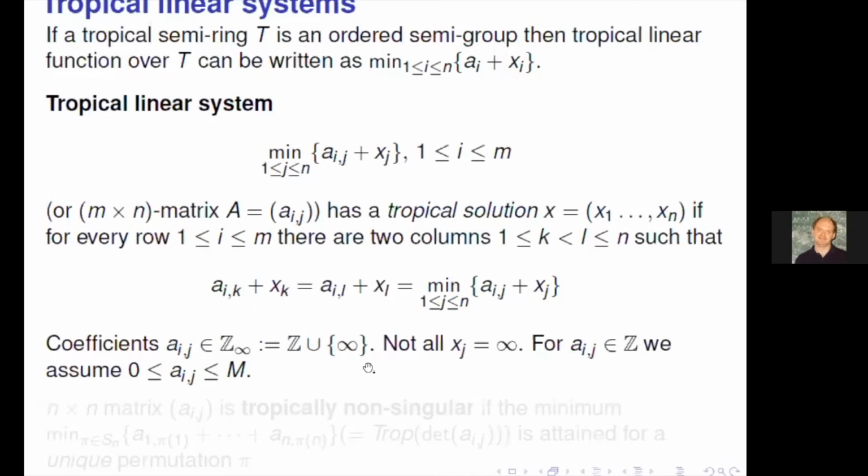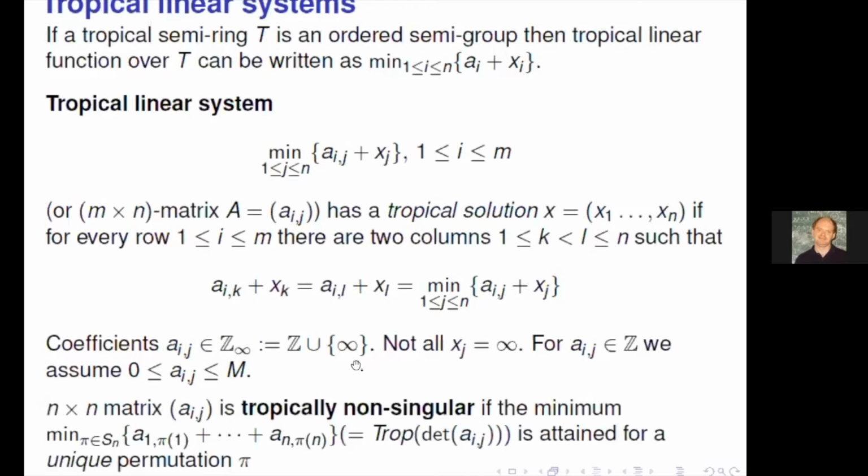integers or infinity. I will not dwell into details of the tropical linear algebra, but maybe just one example of a tropical determinant. Tropical determinant is just we take the determinant and take its tropicalization.